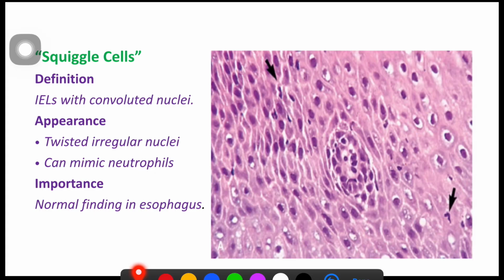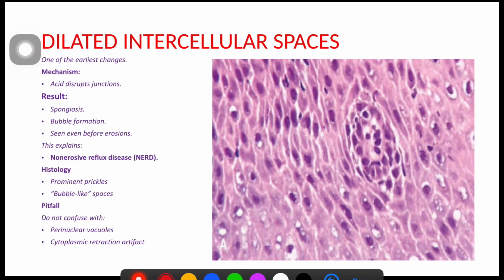See, these are the squiggle cells, because they have irregular, elongated, convoluted nuclei with a twisted appearance, and can mimic neutrophils, and that's why they are called squiggles. This is a normal finding in the esophagus. So here you can identify these IELs, right, and these are the squiggle cells.